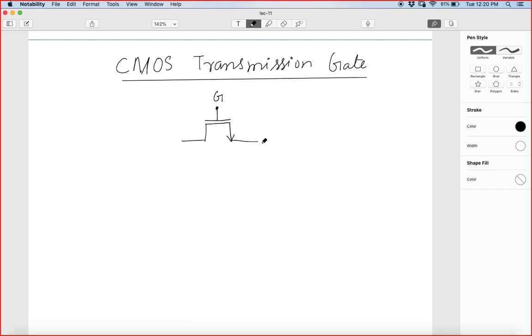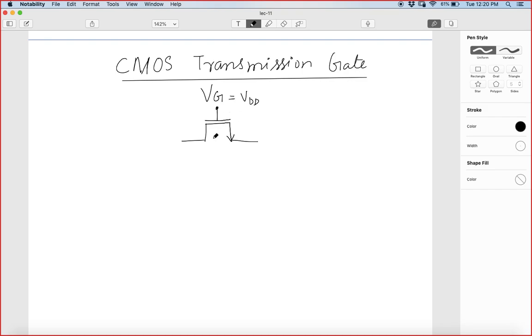So let's start analyzing how this acts as a transmission gate. Whenever we apply a voltage, let this VG, the gate voltage, be equal to VDD, then the channel is formed, and whenever this is 0, the transistor is in the cutoff region and the switch is off.